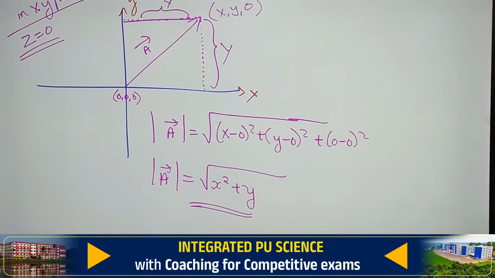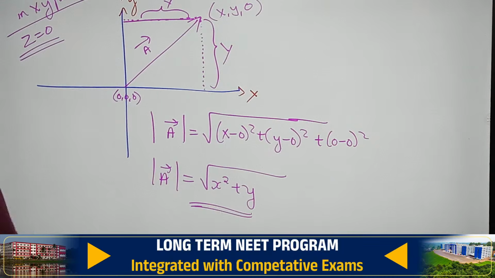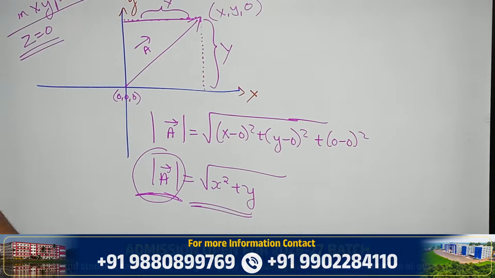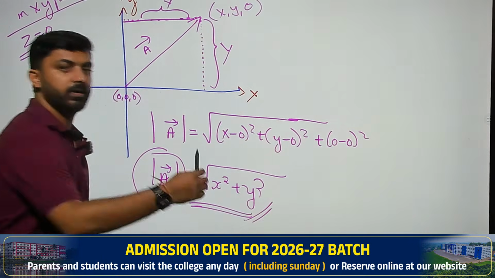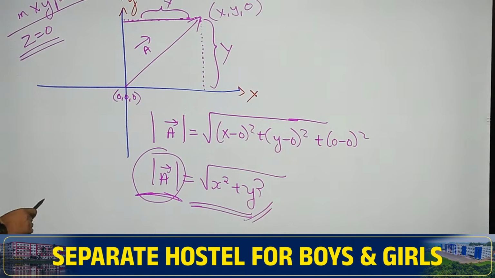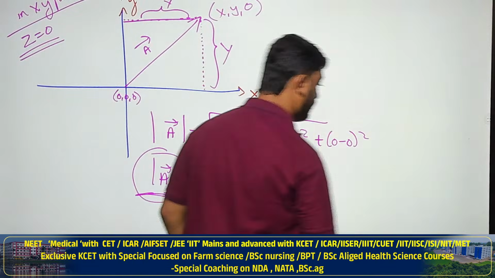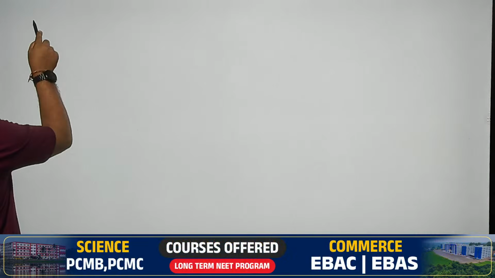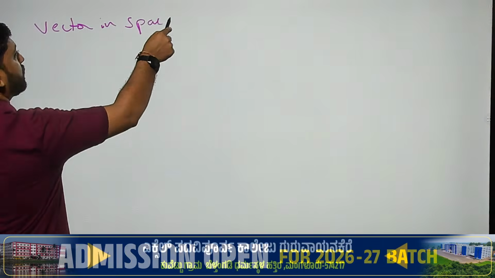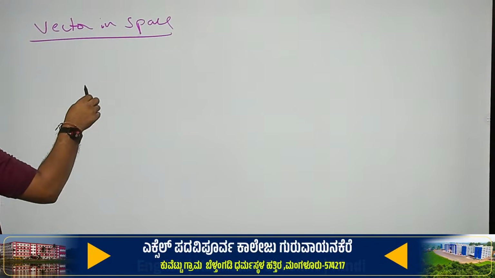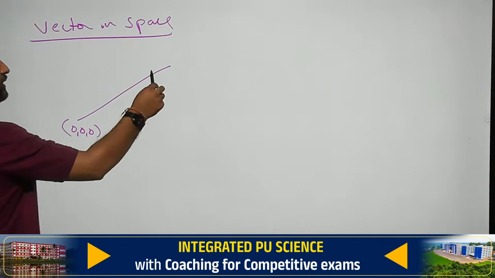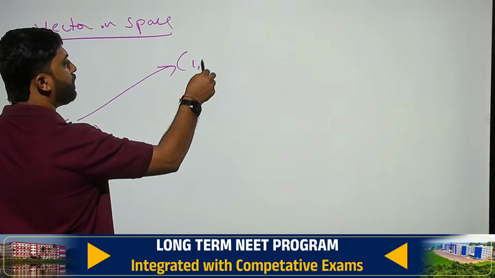If a vector is in a plane, then the magnitude is simply root of x square plus y square. Okay. If it is a vector in space, like the tail is at 0, 0, 0, and the head has some coordinate 1, 1, 2.